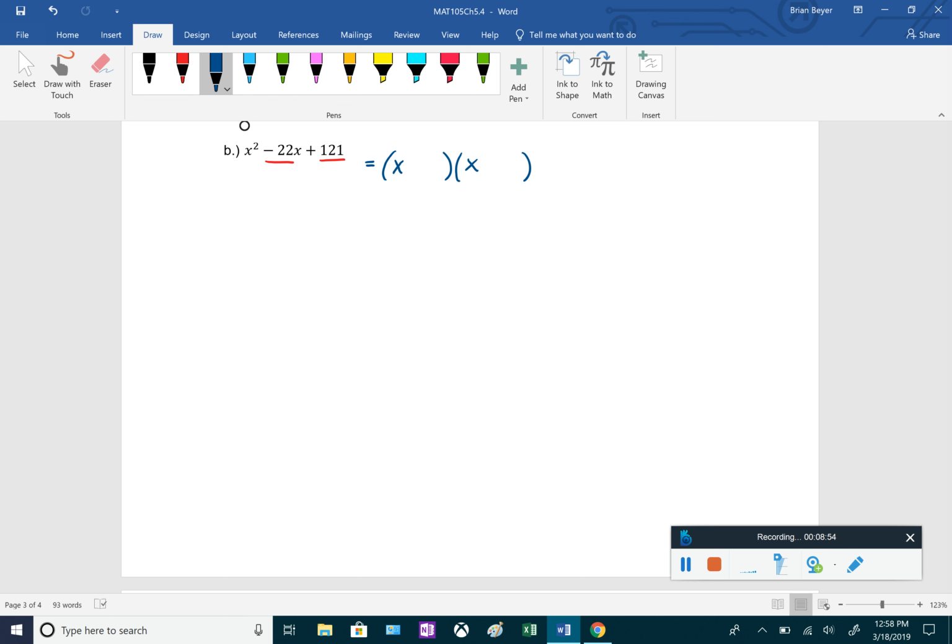Those numbers are going to be negative 11 and negative 11. So it's going to be x minus 11 times x minus 11, which we can write as x minus 11 squared. So that is a perfect square trinomial also.